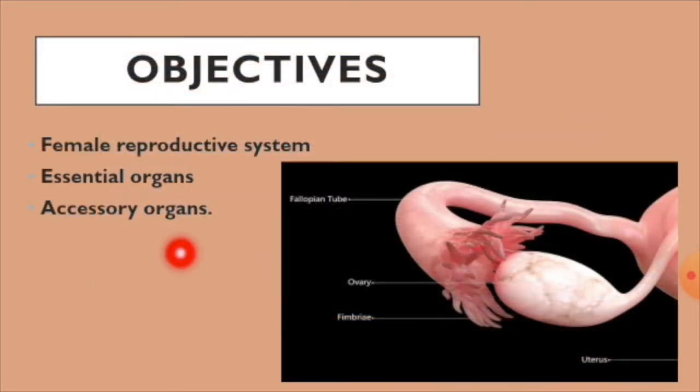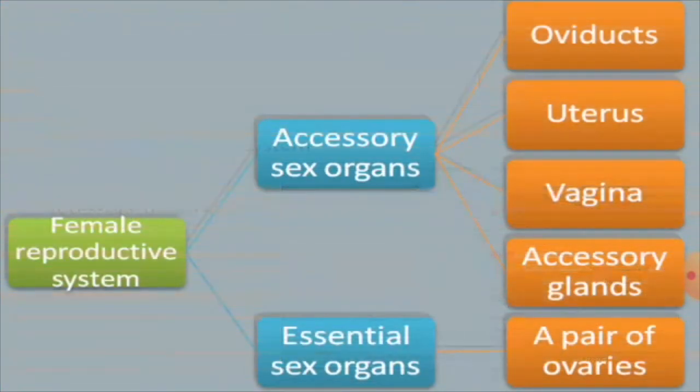The objectives that we are going to cover in this video are the female reproductive system, essential organs and accessory organs of the female reproductive system. Female reproductive system consists of two types of organs, essential sex organs and accessory sex organs.